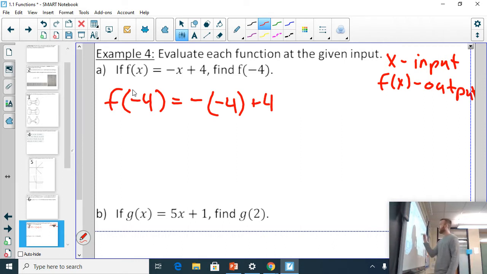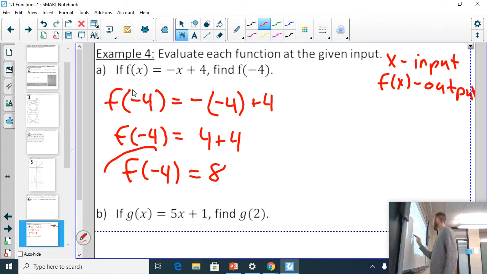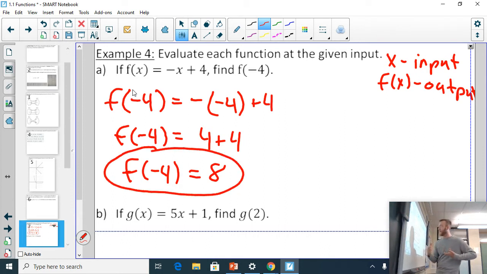So f of negative 4 equals negative negative 4, which is the same thing as a positive 4, plus 4. So f of negative 4 equals 4 plus 4, which is 8. And that's our answer: f of negative 4 equals 8.